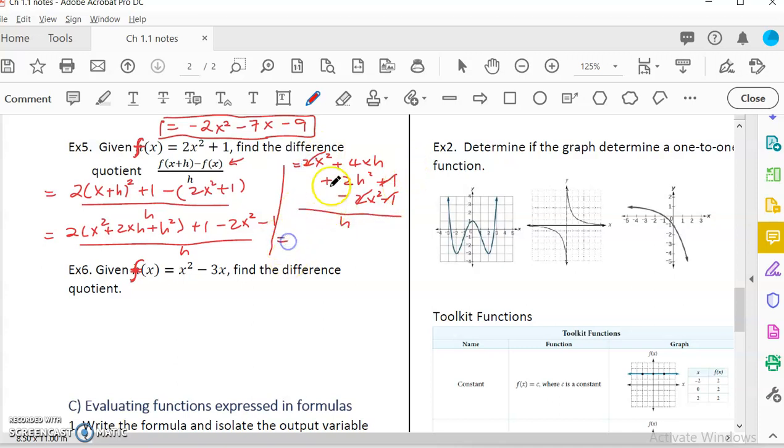The last things left over would be 4xh plus 2h squared over h. Now notice that you can factor the h out, so the h and h would cancel: h times 4x plus 2h over h. Now you can cancel this, and the final answer is 4x plus 2h. That's the answer.